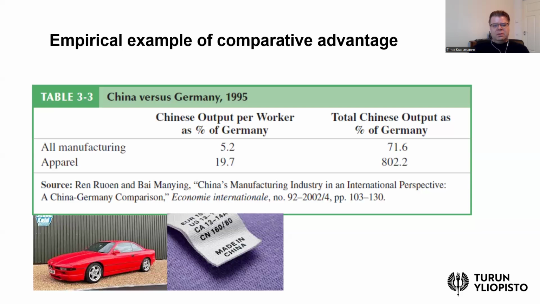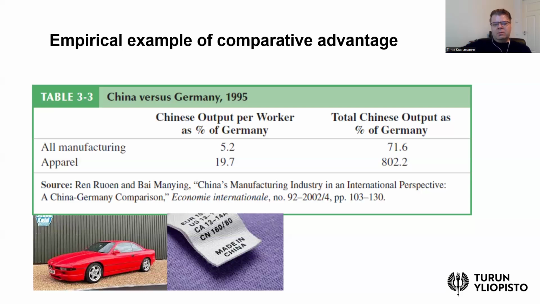So in this example, what is in the first column here is Chinese output per worker as a percentage of Germany. So in 1995, for all manufacturing goods, the Chinese output was only 5% of that of Germany. So Germany had far superior productivity in manufacturing goods.